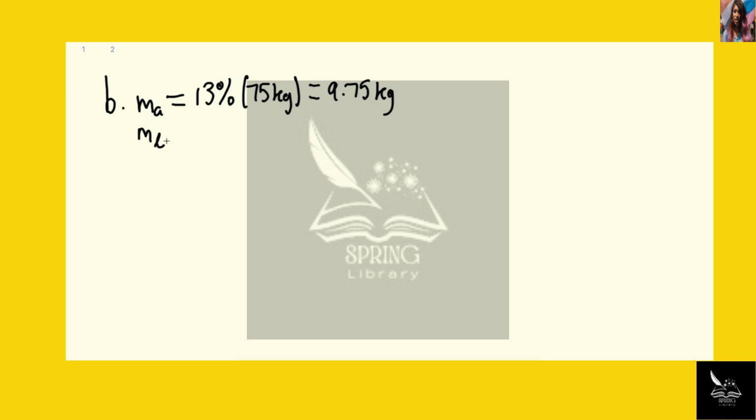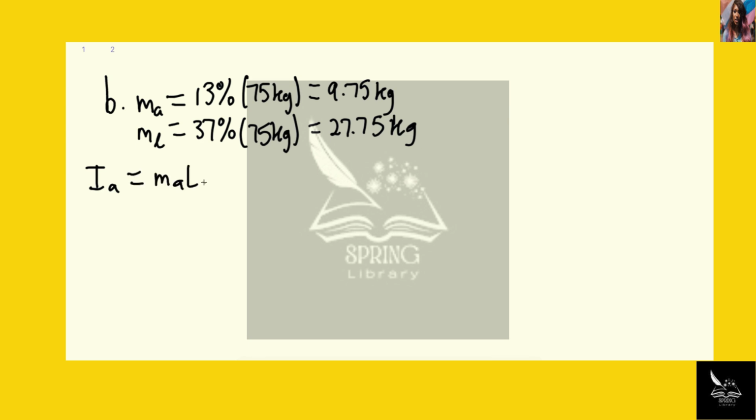Mass of the legs is going to be 37% of the mass of the runner. So this will be 27.75 kilograms. And at this point, we can say that the moment of inertia of the arms about the shoulder would be I sub a, which is m sub a L sub a squared divided by 3.